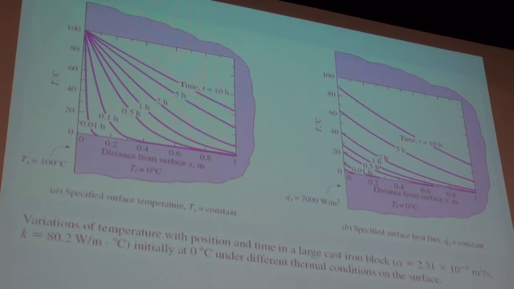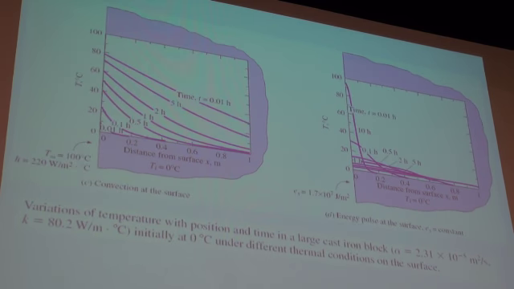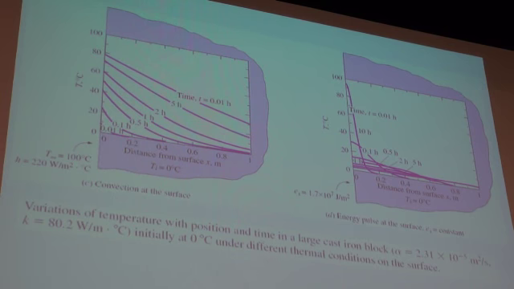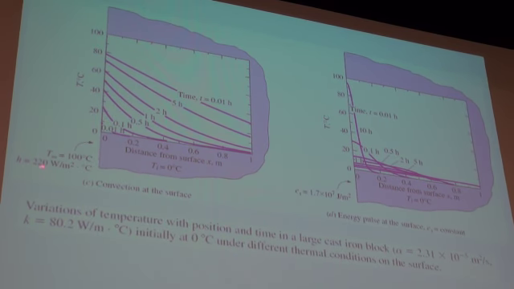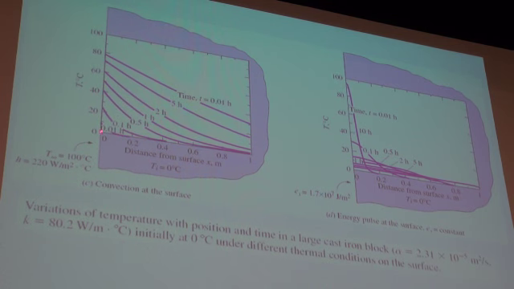Okay. The next one would be where the heat transfer coefficient is constant. It's given as 220 watts per square meter, and the surface is kept at constant temperature. Again, there's the solution as a function of time.